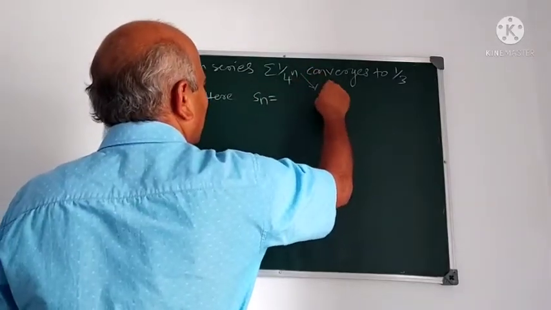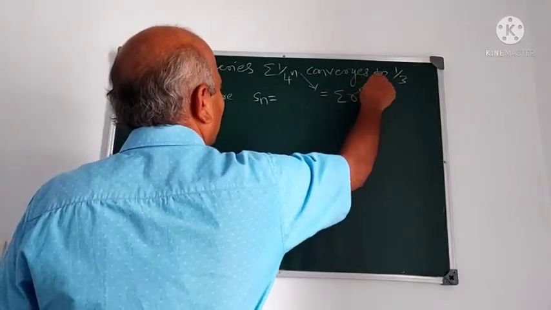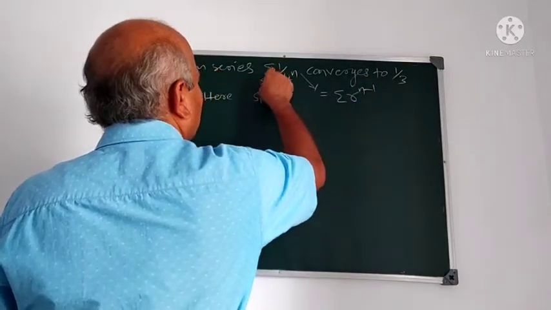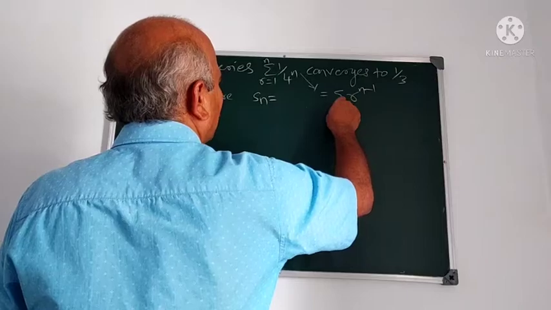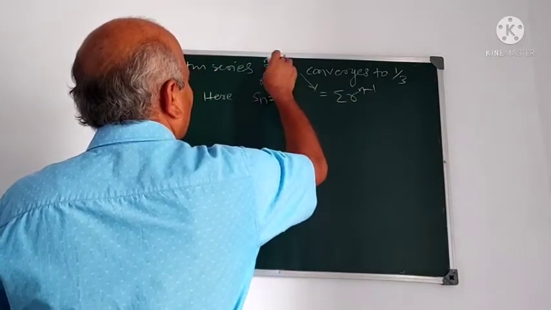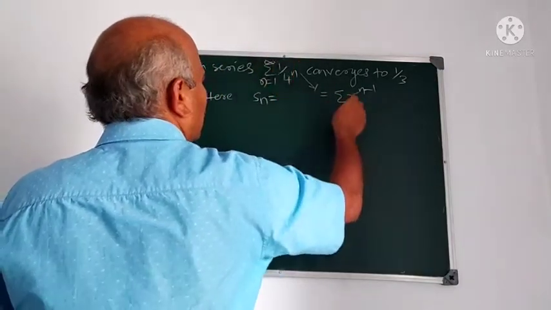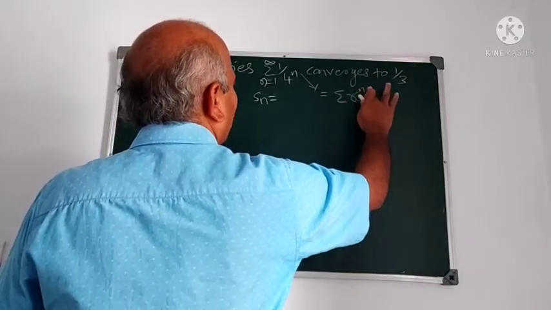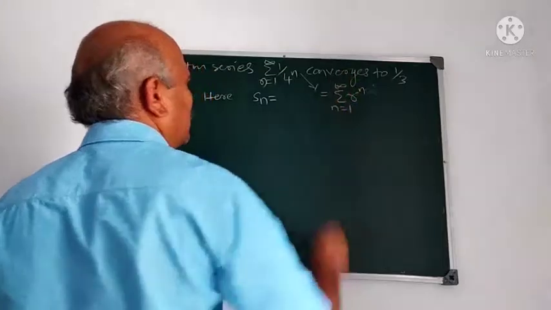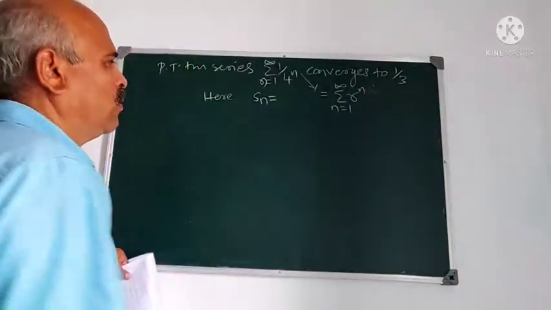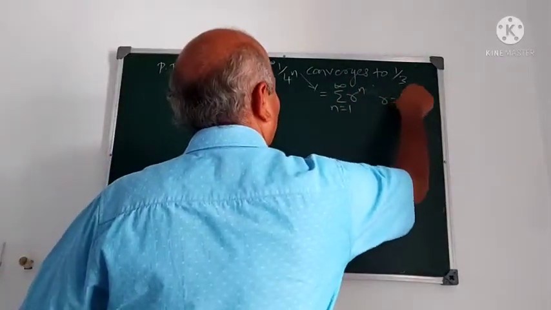Sigma 1 upon 4 raised to n is of the form sigma r raised to n minus 1, with n going from 1 to infinity. What is r? r is 1 by 4.